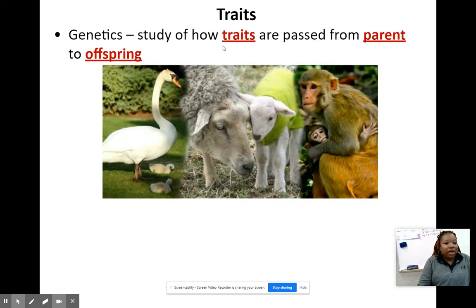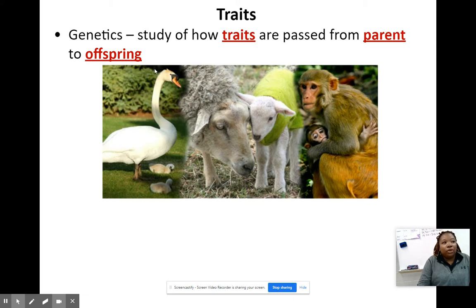Genetics is the study of how traits are passed from parents to offspring. So when we talk about genetics, it's basically saying that a parent organism passes the traits to his or her offspring.